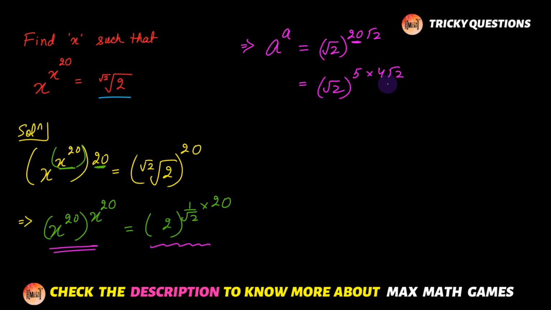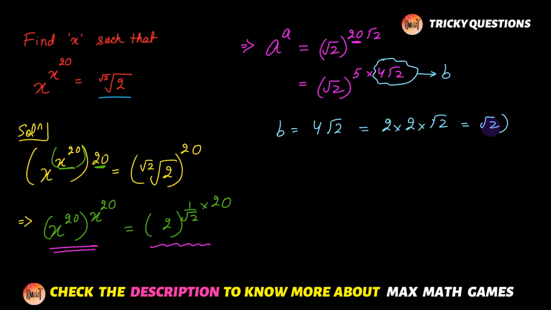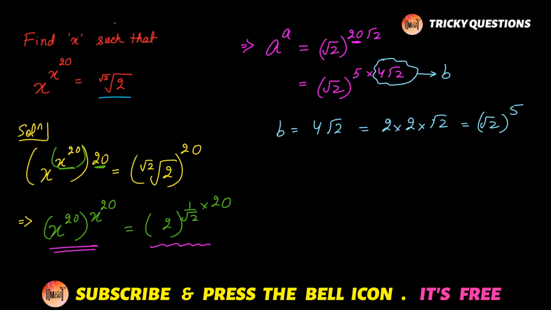Now let us call this quantity equal to b. As far as b is concerned, b is nothing but 4 into under root of 2. Now 4 is 2 into 2, so 2 into 2 into under root of 2. Now this is root 2 raised to the power of 5, and hence we are getting closer to our solution.